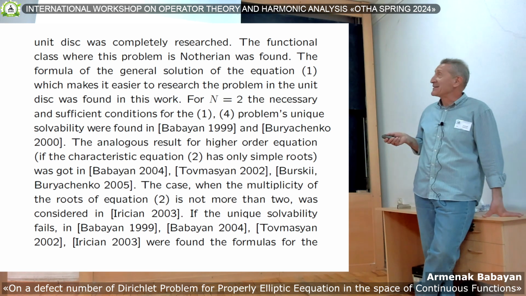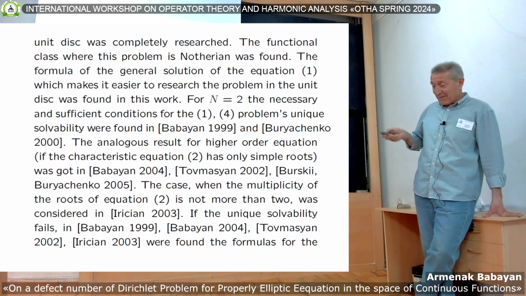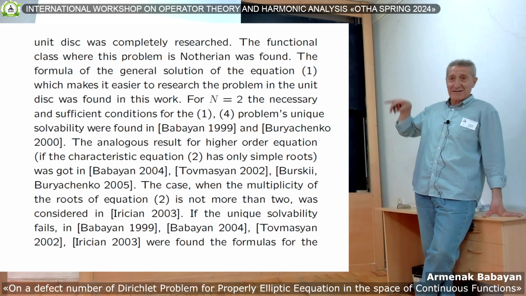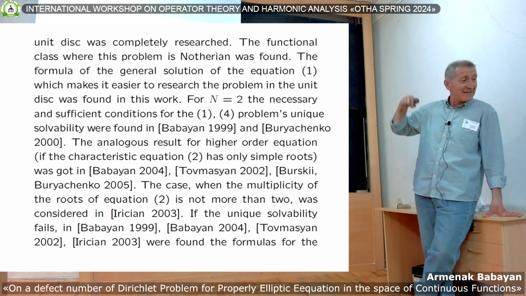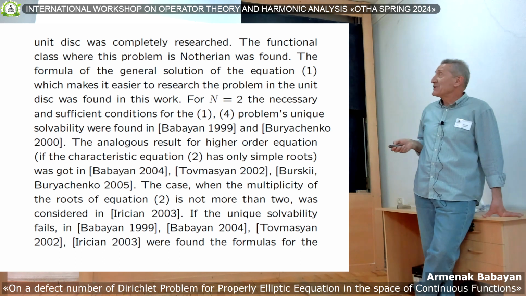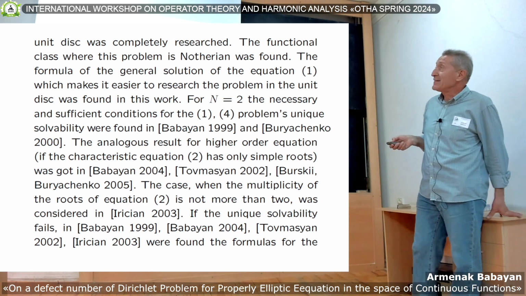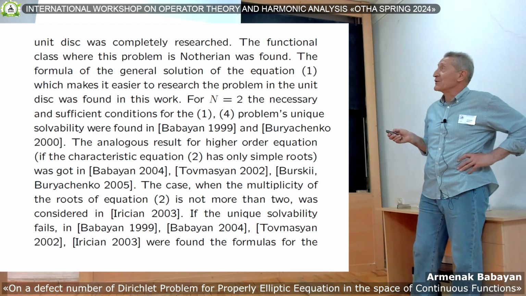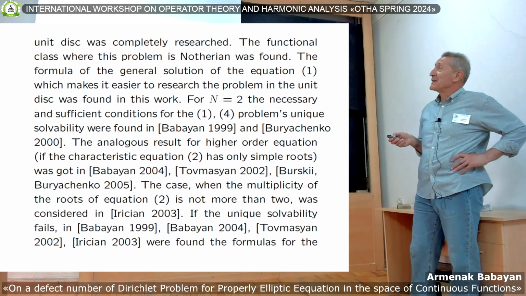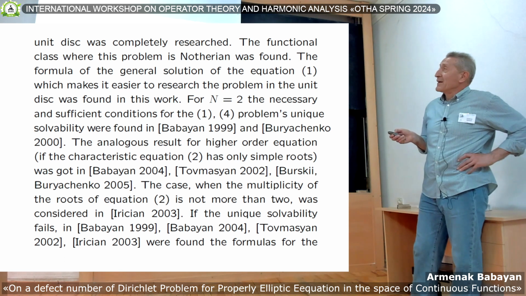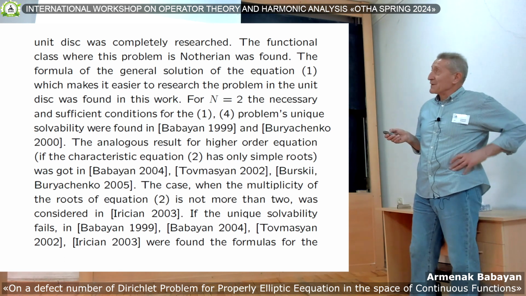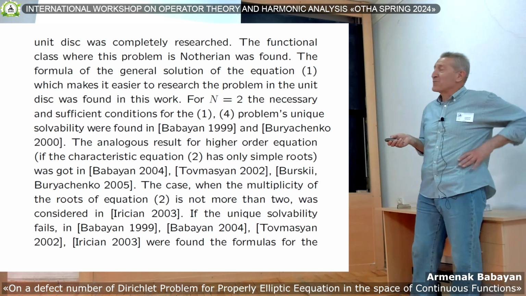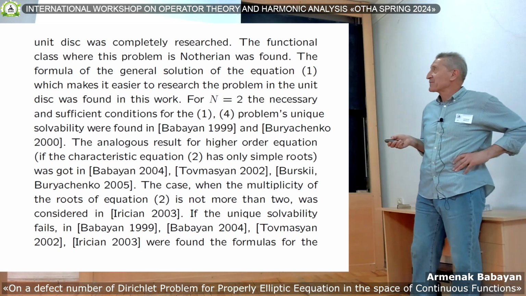So it is necessary to continue the boundary function inside the unit disk. The formula of the general solution of the equation was helpful to resolve this problem in the unit disk.